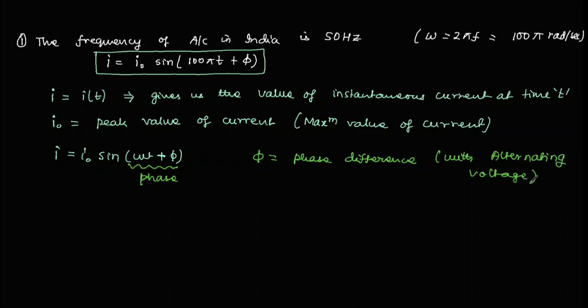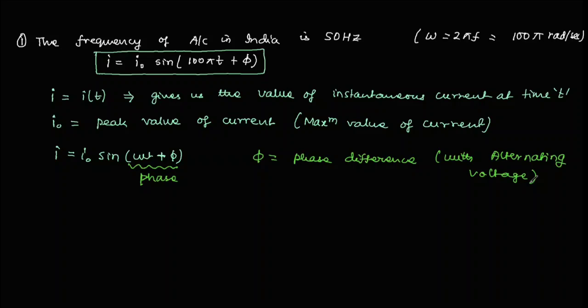So this is the complete understanding of this particular equation, which we write as I is equal to I naught sine omega t plus phi. You can also write it in terms of cos. Maybe you can write it as I is equal to I naught cos omega t plus phi.